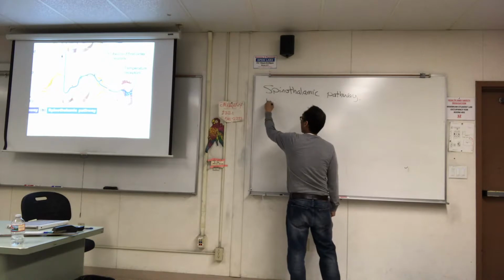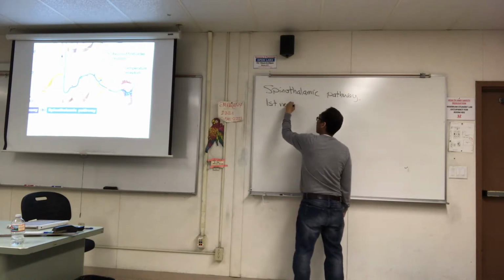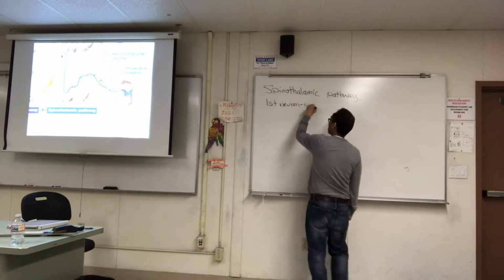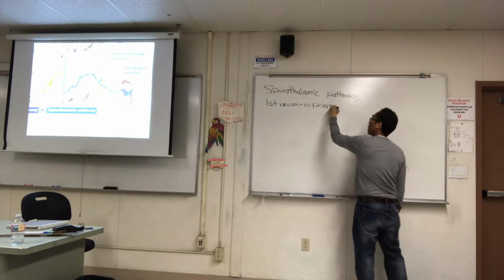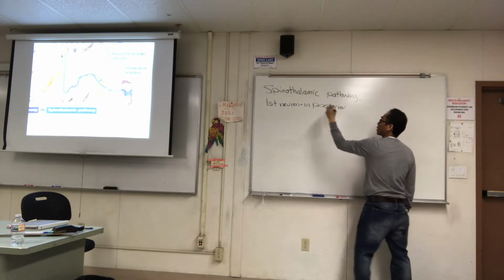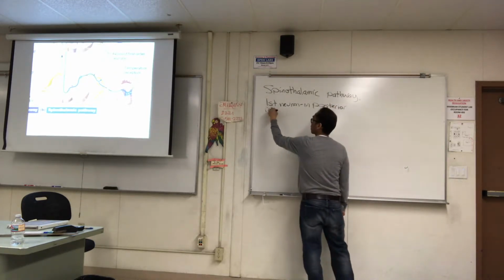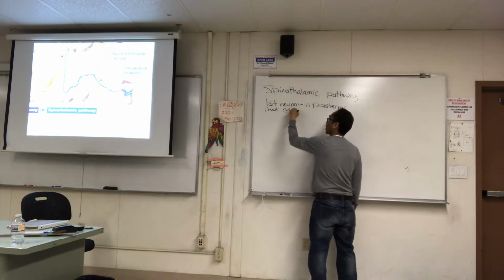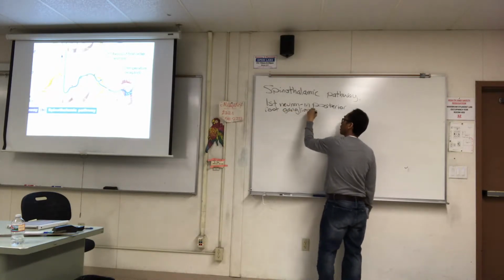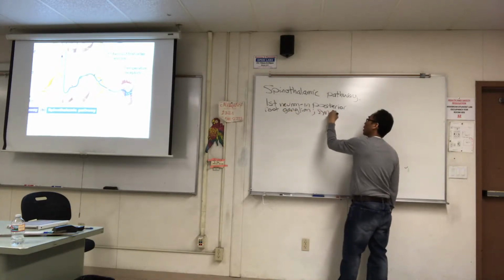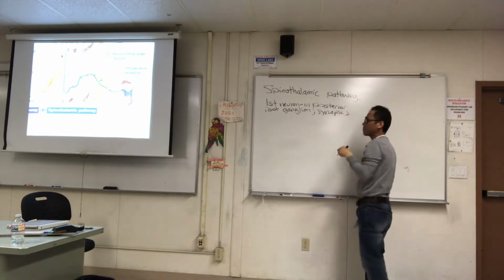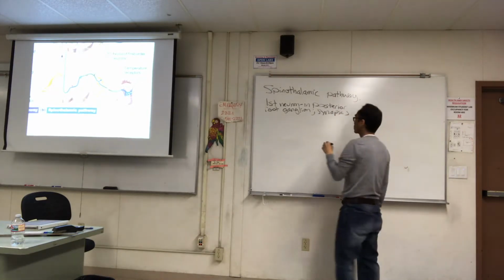So the first neuron, again, in posterior root ganglion. It synapses in the dorsal horn.